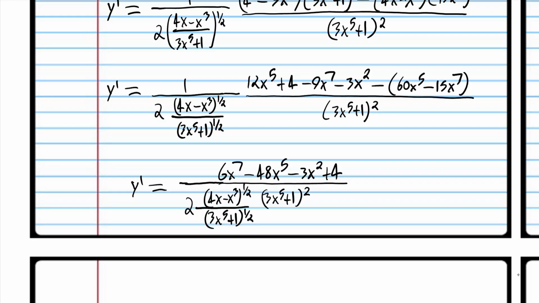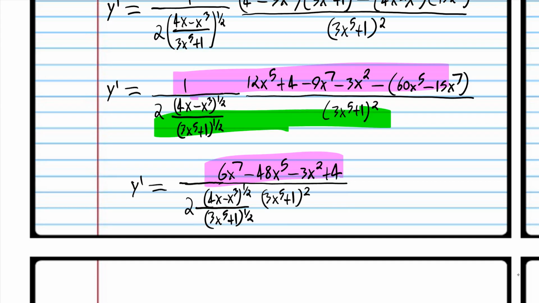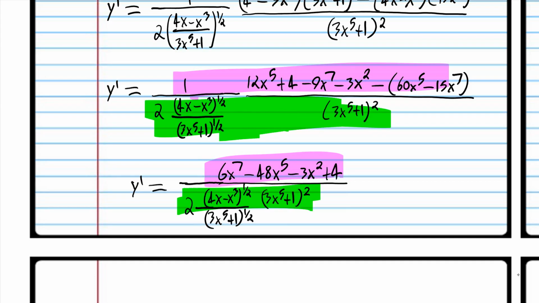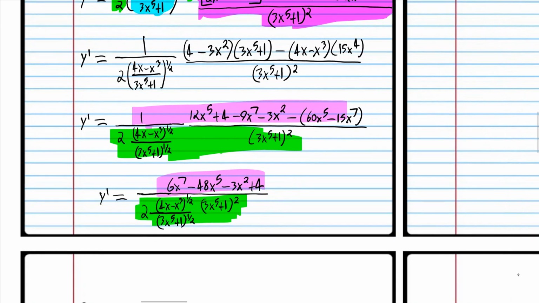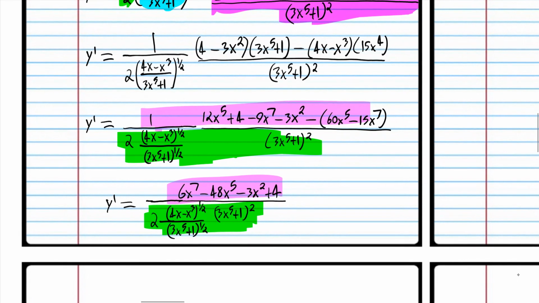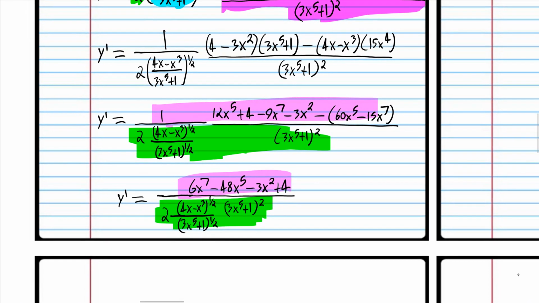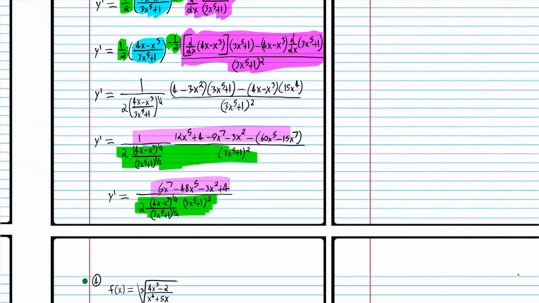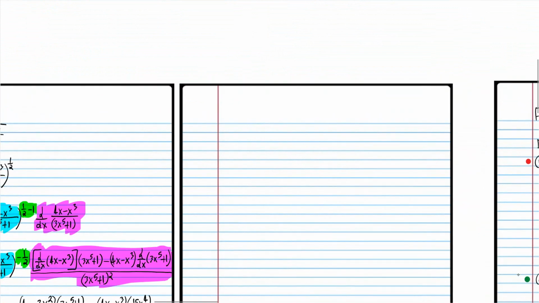So again, we're just multiplying the numerators to get this, and we multiply the denominators together to get this. And let's double check everything, make sure we got that right. Everything looks right. So I'm going to copy this and go on to the next step up here.